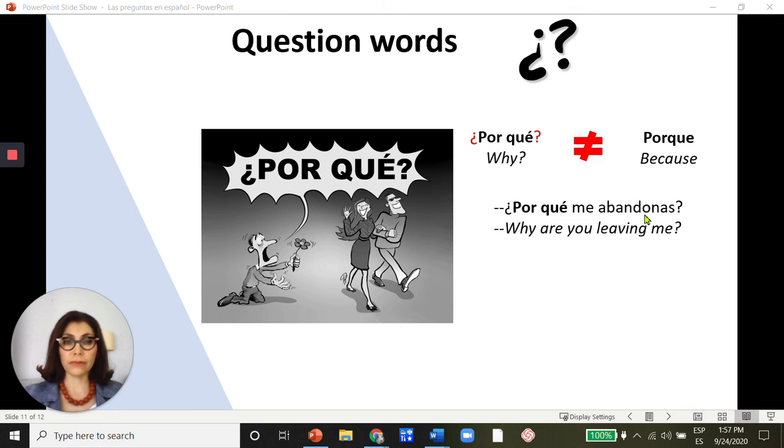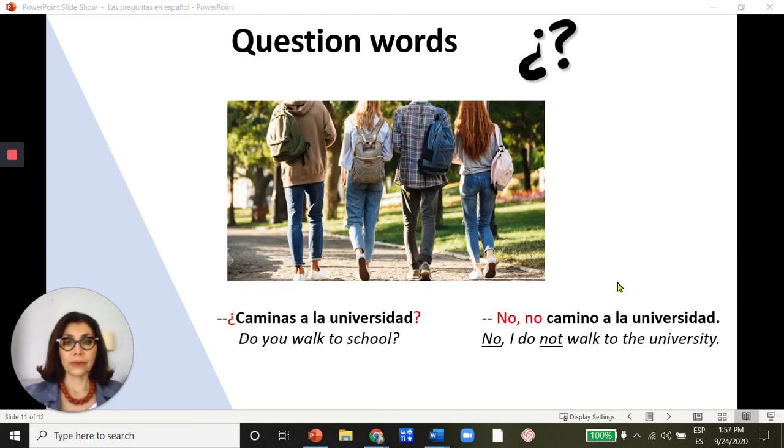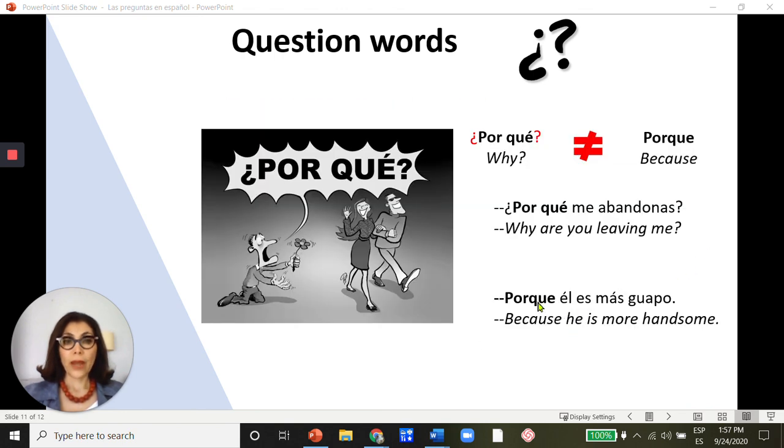We're going to use them like in this case. ¿Por qué me abandonas? Porque él es más guapo. Okay, so we can see here the uses of the two words. And very important to notice that the question words, all of them have an accent. So you can see the accent here.